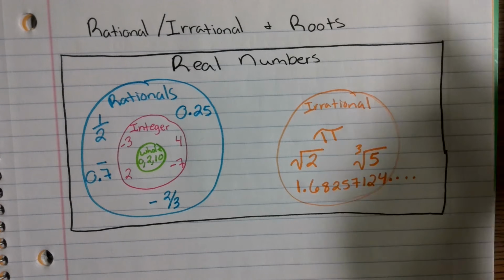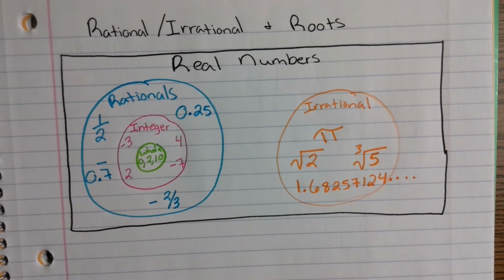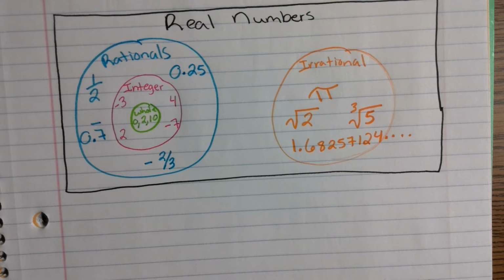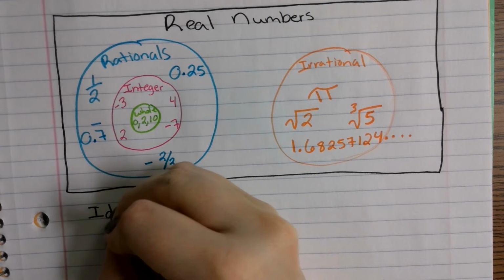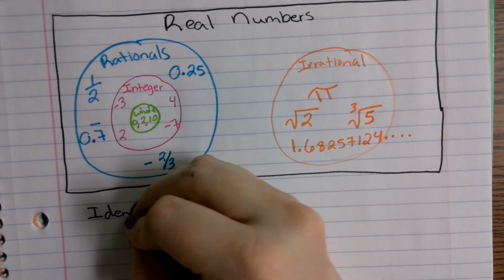And you need to be able to categorize numbers as, you know, oh, this is not just a real number, but it's rational, which makes it an integer, which makes it a whole number, or this is only an integer, which makes it also a whole number, that kind of thing. You need to be able to identify what number sets these items belong to. So let's go ahead and do a quick practice on that, and then we'll move into our roots.